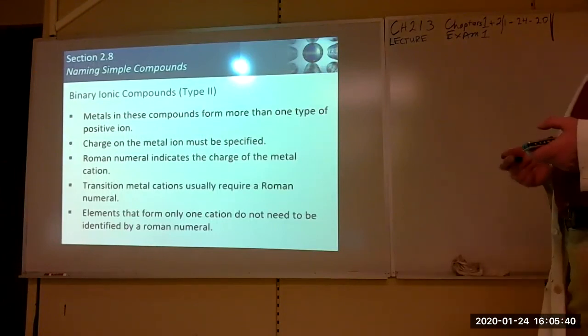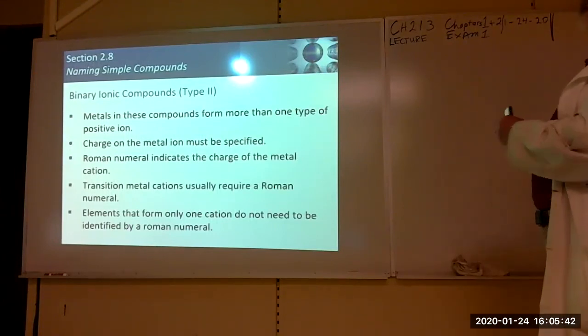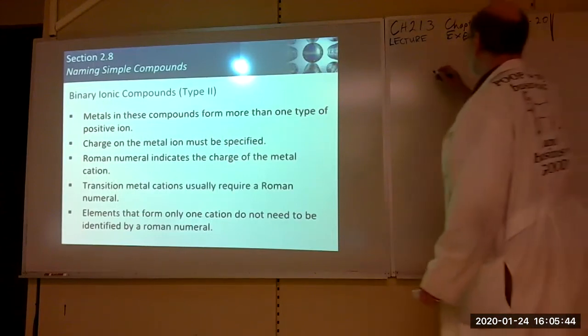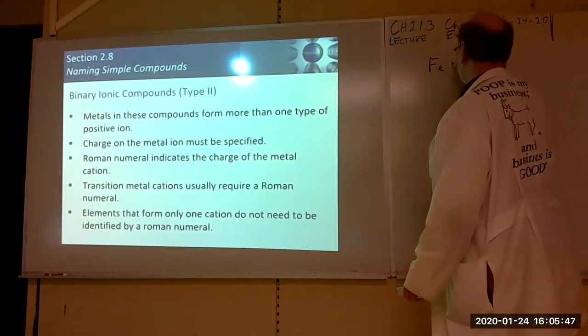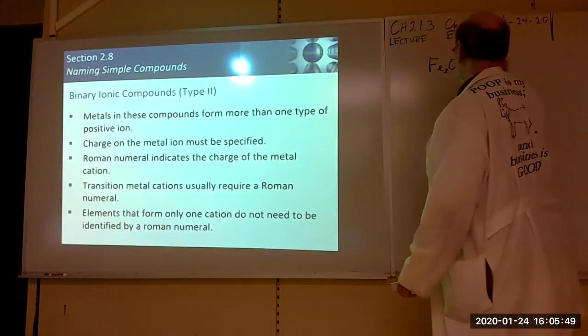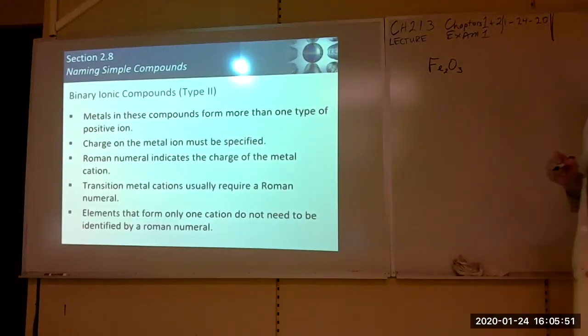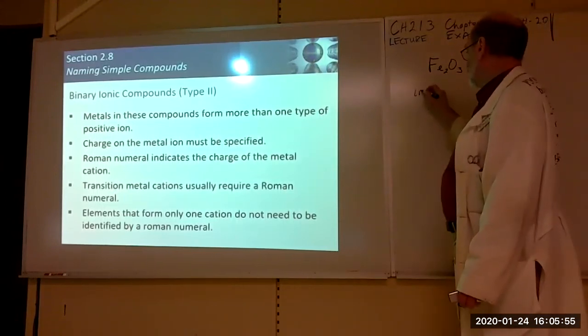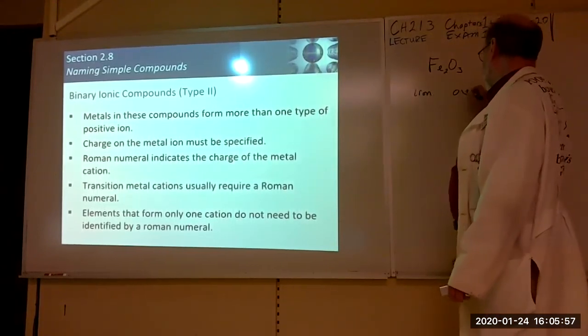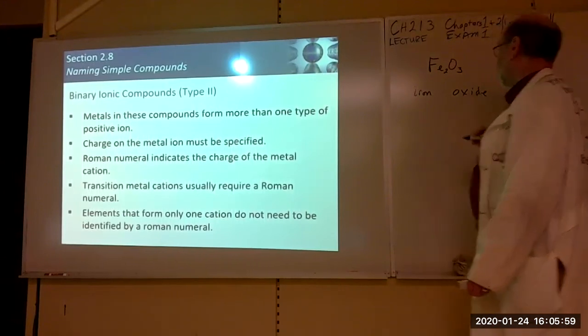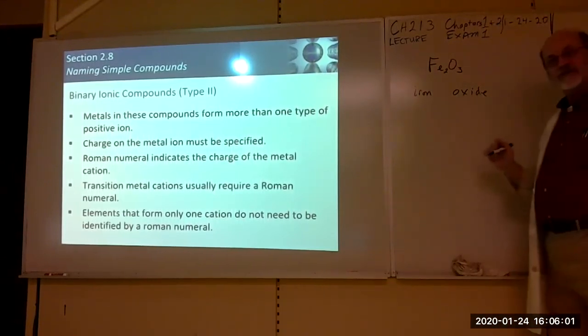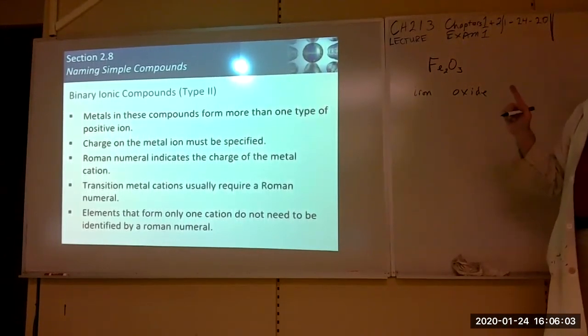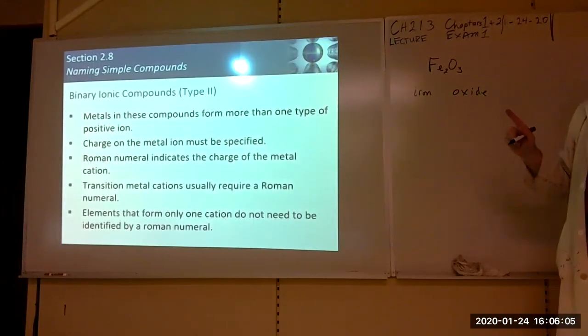And when we name the compound, let's take an example. Fe2O3, right? Iron oxide, but we have to say what the charge on the iron is. So you have to calculate what the charge is.